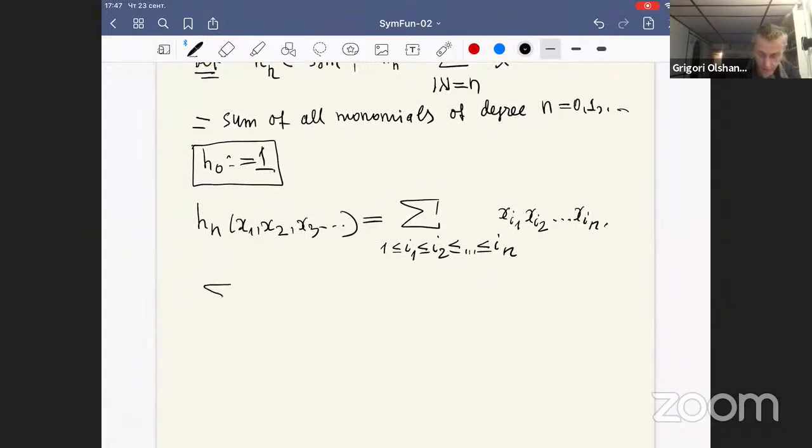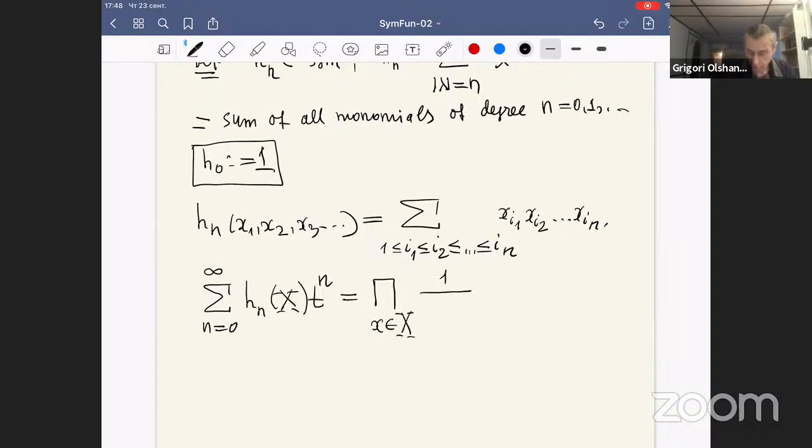Also, it's easy to get a generating series. I write here in my notation of some alphabet, multiplied by a formal variable. And what we get is an infinite product of these letters. Letters are some variables, or if we wish, we can write the same in this notation.